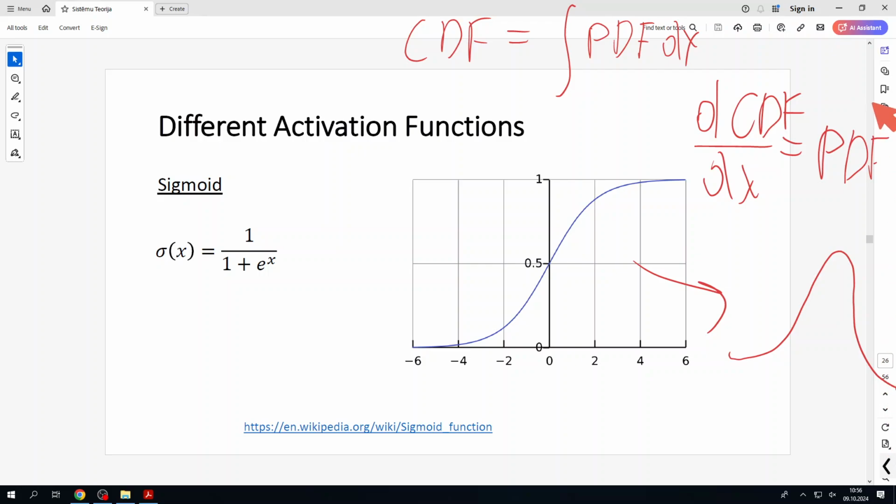But again, it's not exactly a normal distribution, it's actually its own distribution called a logistic distribution, yes.